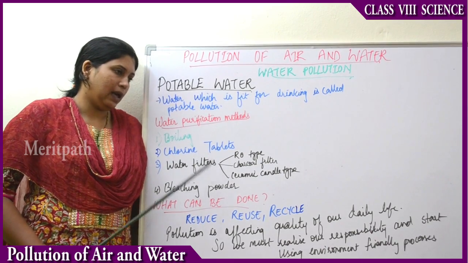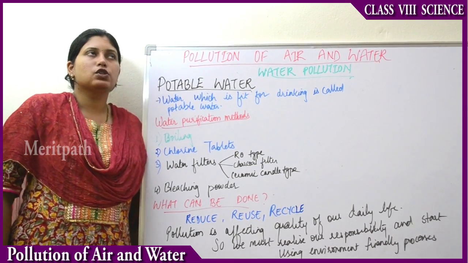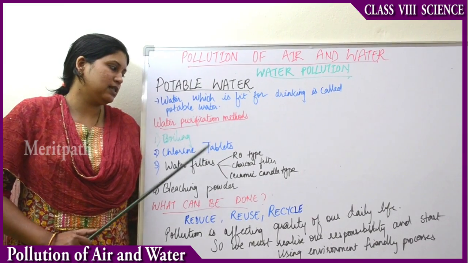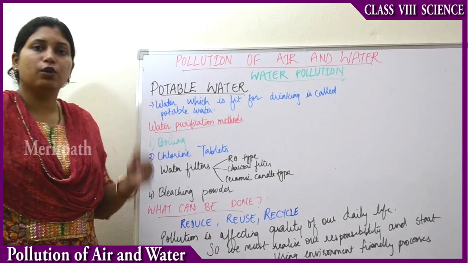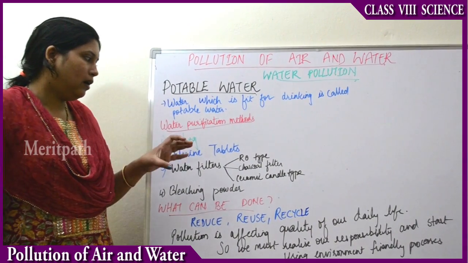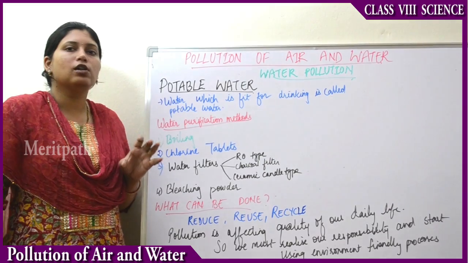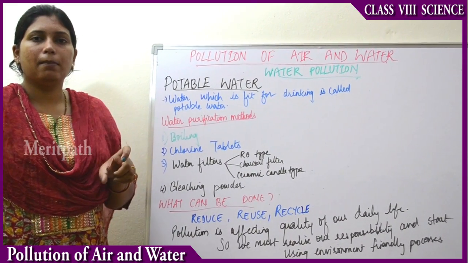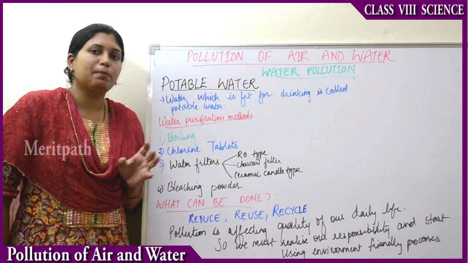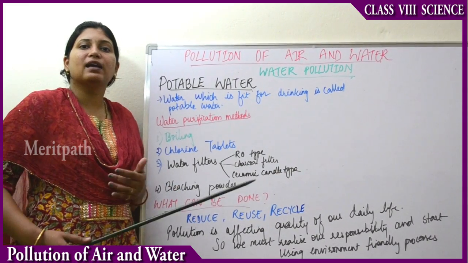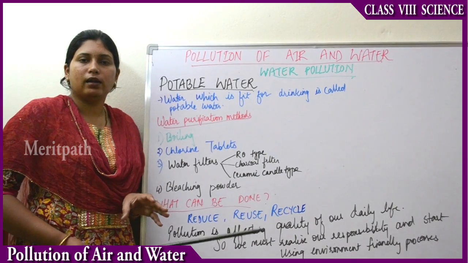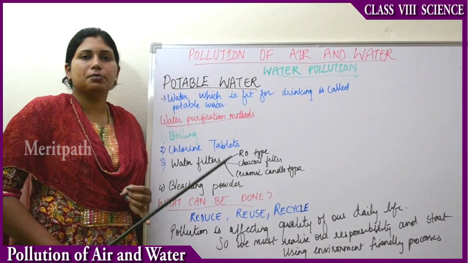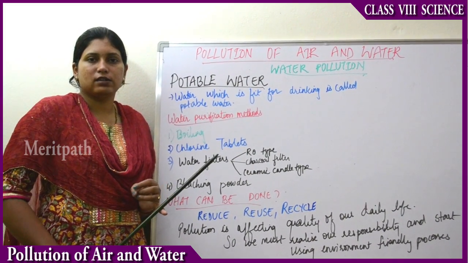Next is chlorine tablets. People mostly in the villages use these tablets because they cannot afford costly and expensive purification methods. But chlorine tablets should be used in a minimum and prescribed quantity only. They should not be excessively used. When a chlorine tablet is put in water, it kills all the germs, all the microorganisms of the water.